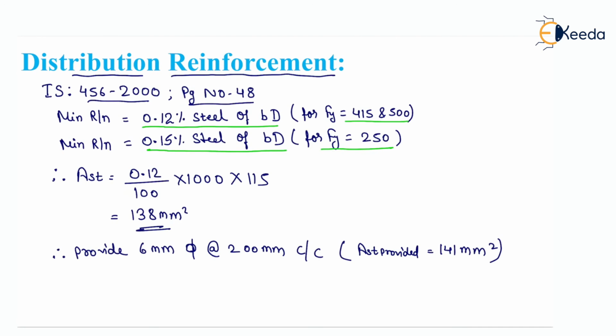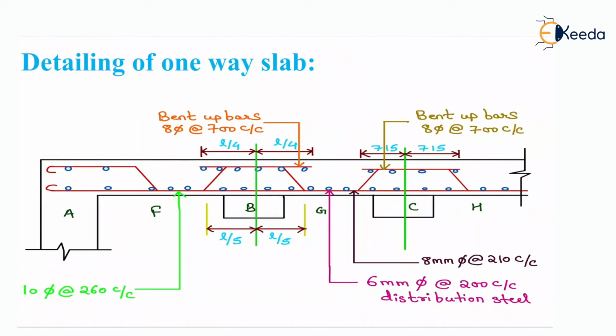In this question we are taking Fy equals 415. Therefore, we will use Ast equals 0.12 upon 100 into 1000 into 115 and we will get 138 mm square. Therefore, provide 6 mm dia bar at the rate of 200 mm center to center, for Ast provided equals 141 mm square.